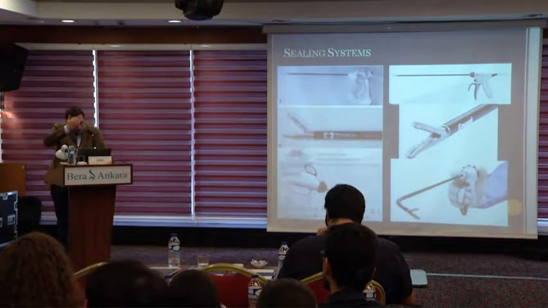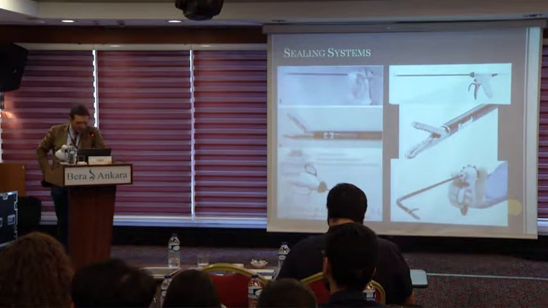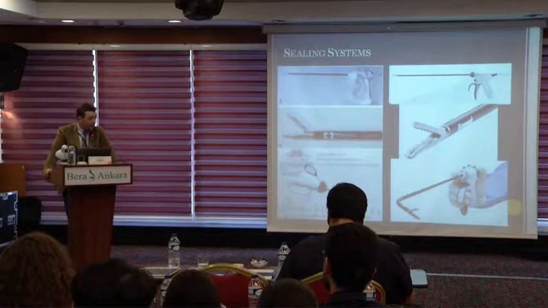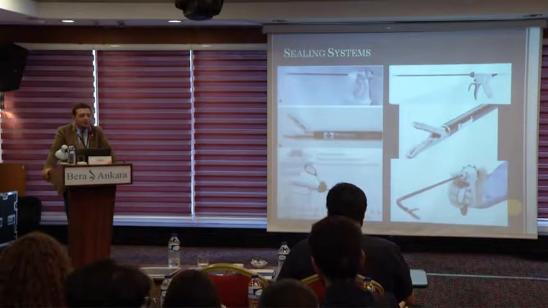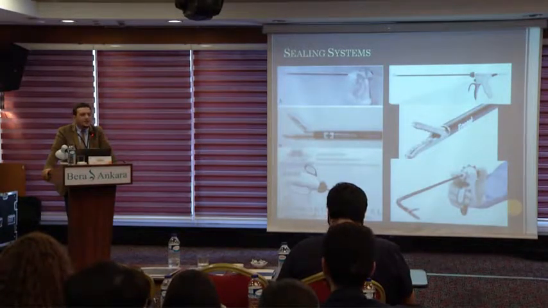So they cause less blood loss and less tissue damage. Again, it's up to the economic capacity of your hospital or your department, and there are lots of papers that compare these systems, and the results showed they are all the same in efficiency and safety.